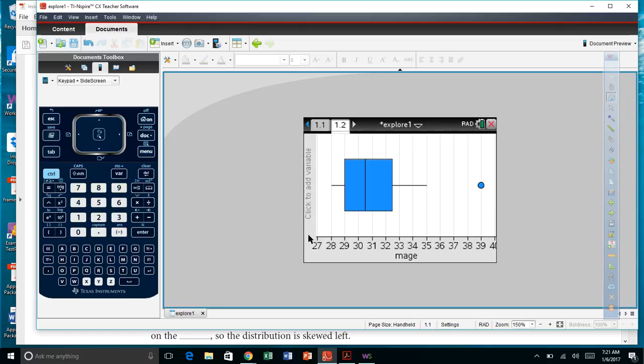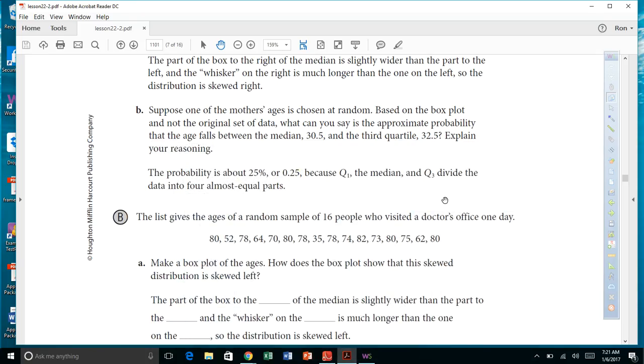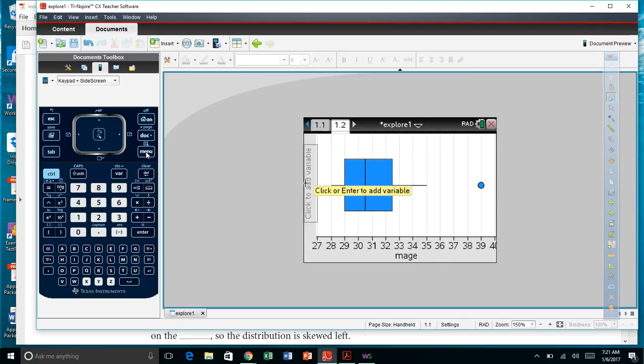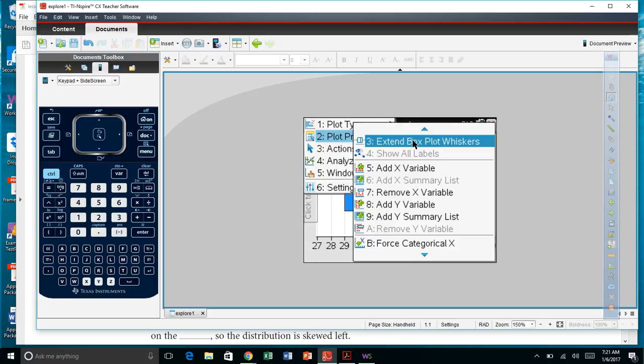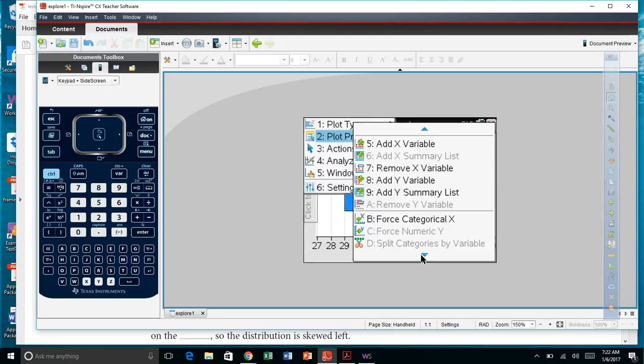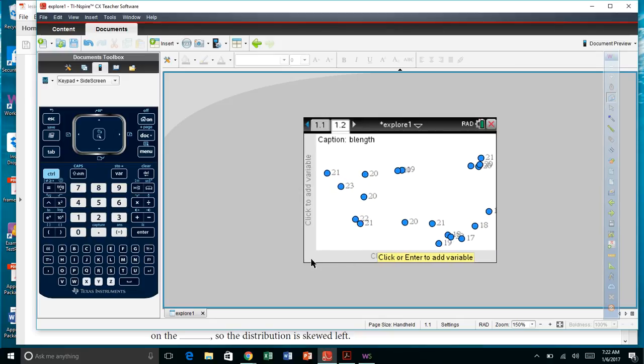All right. See how it shows you the outlier of the 39 out there? Good. Now that's a little bit different than the other calculator. Let me see here. Menu, plot properties.